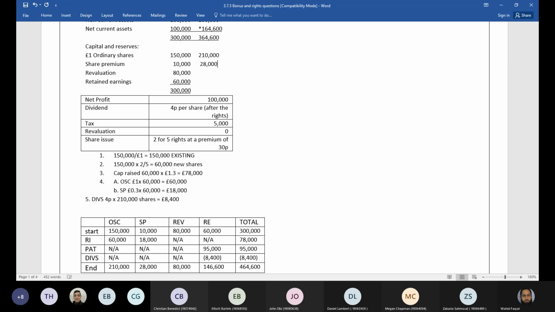28,000 for the share premium. 80,000 for the revaluation, that didn't change.